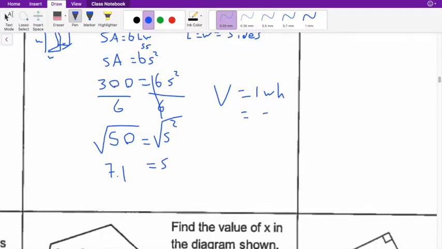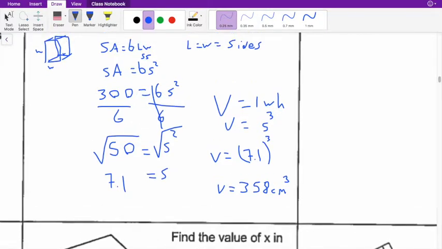So let's just rename that S cubed, right? Because it's going to be 7.1 times 7.1 times 7.1. So we write 7.1 cubed. So the volume of that shape is going to be 357.9, so let's go to 358 centimeters cubed.